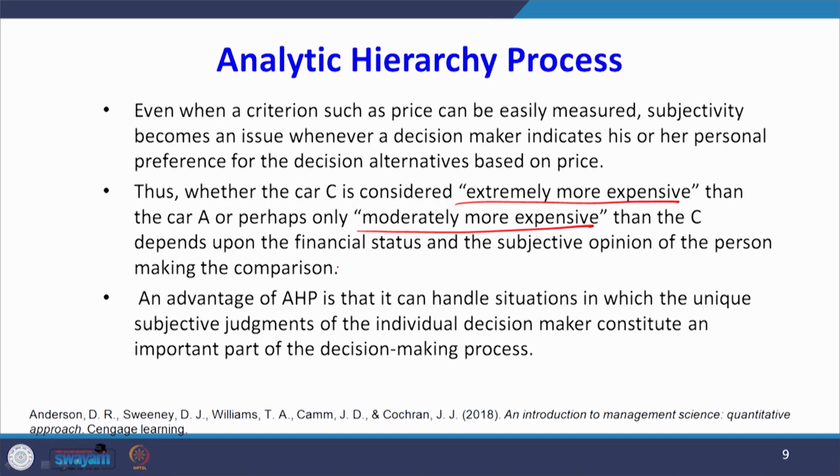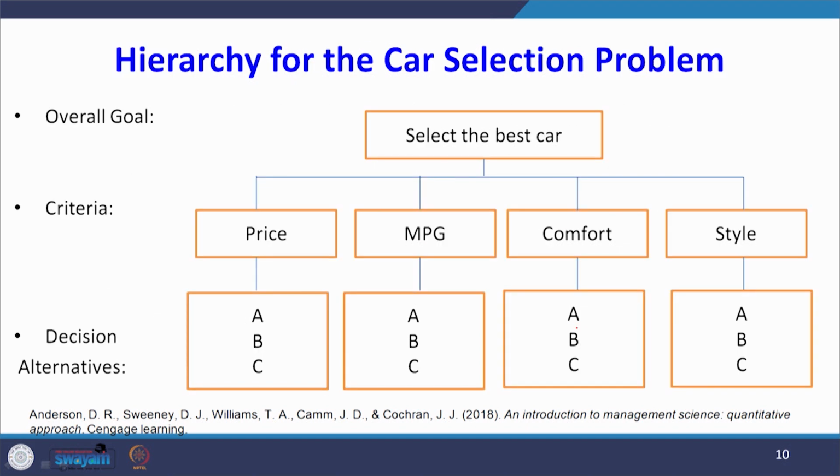Some decision makers may say extremely more expensive, but another person may say moderately more expensive. This is based on their buying capacity. An advantage of AHP is that it can handle situations in which the unique subjective judgment of the individual decision maker constitutes an important part of the decision making process. So, the priority level of decision makers will be taken into consideration while making the decision.